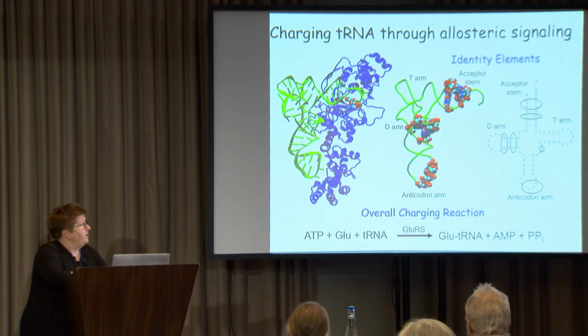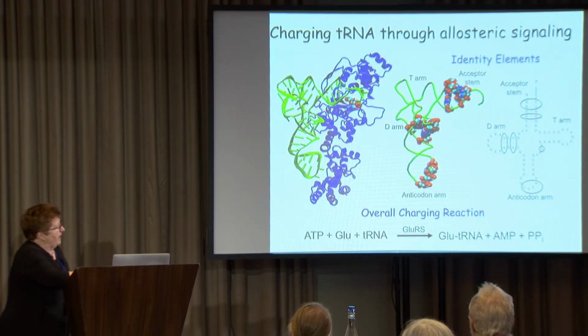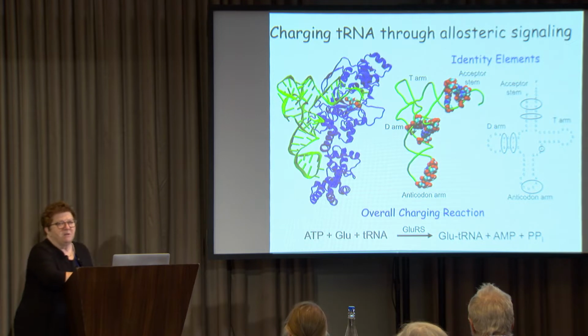What I'm really interested in is this part here, the so-called anticodon arm. It docks with the anticodon domain, and there are a few other places where it helps to recognize the right protein. But what happens is you put the amino acid up here, and that's about 50 angstroms separated from the main identity element.